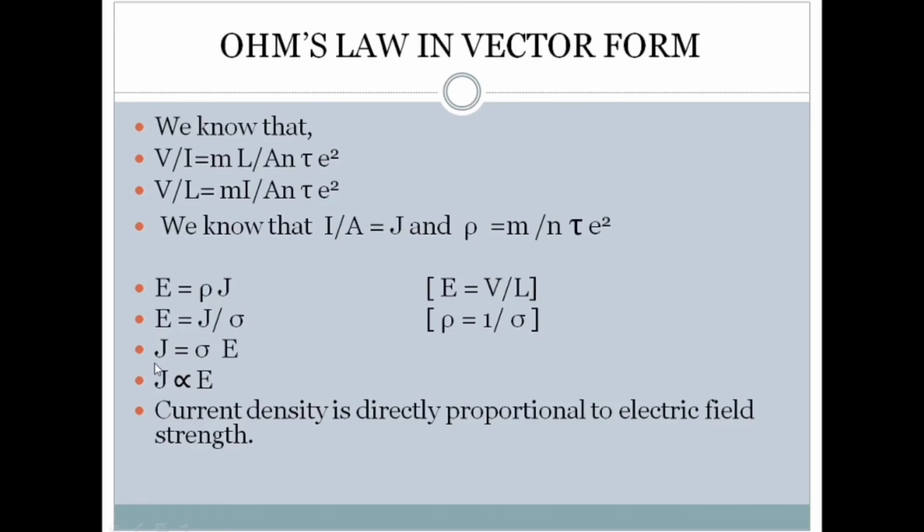Or you can write J is equal to sigma E. We can say that J is directly proportional to E. J and E are vectors, so you can put a vector sign also over J and E. So this is the vector form of Ohm's law, which states that current density is directly proportional to the electric field strength.